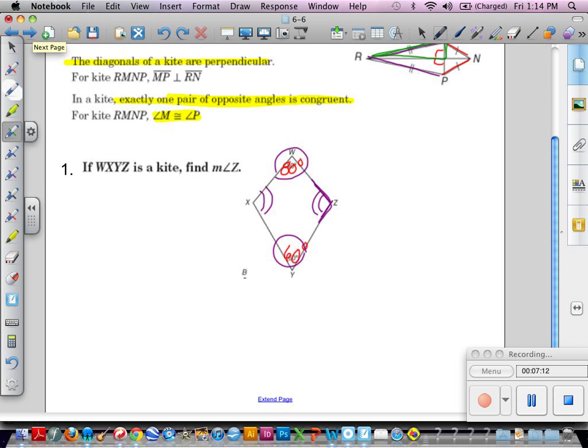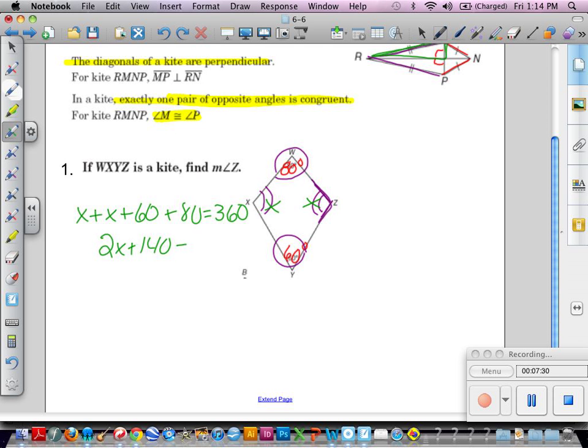So I'm going to call this x, and I'm going to call this x. I'm going to take x plus x plus 60 plus 80 equals 360. 2x plus 140 equals 360.